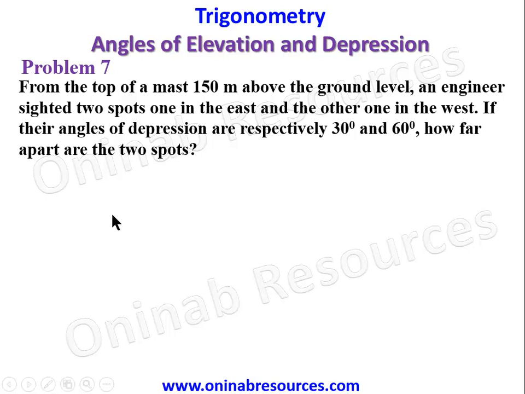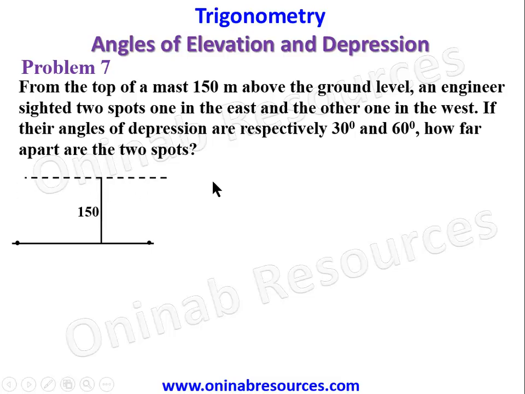So we look at it at the horizontal ground, and the mast, which is 150 meters above the ground level. An engineer sighted two spots, one in the east, so one spot here and the other spot here, and the angle of depression from the top here.